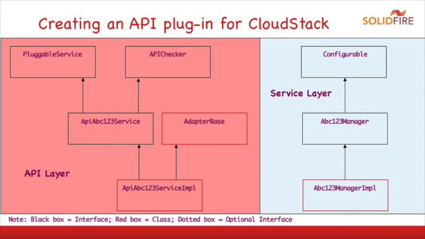That allows you to leverage CloudStack's existing global configurations environment to add new global settings within your environment if your plugin needs that. If you don't need that, you wouldn't bother to implement the configurable interface.